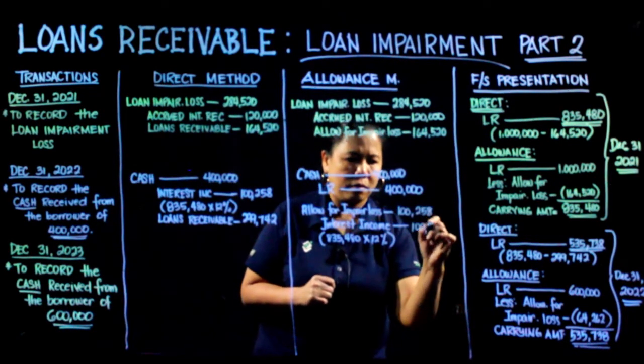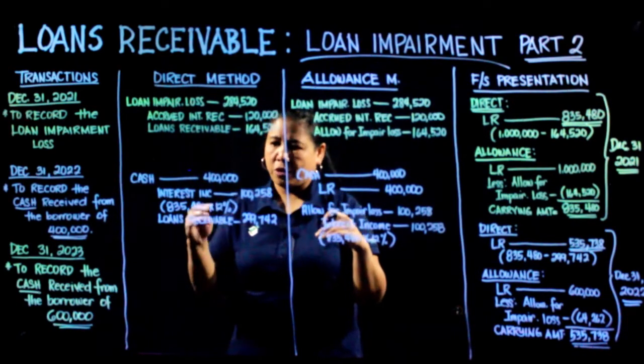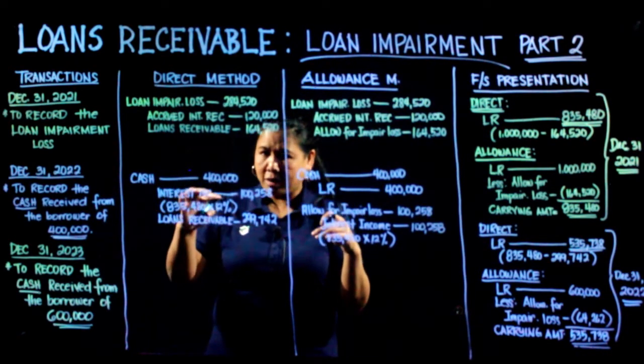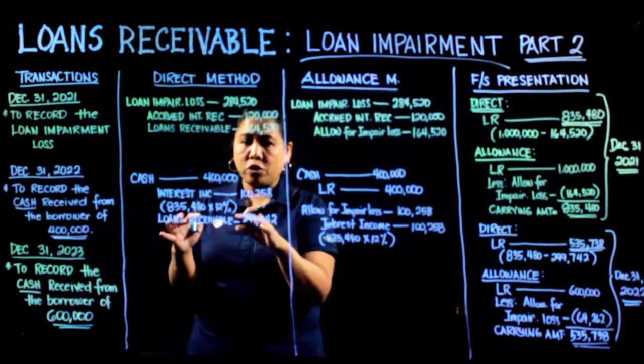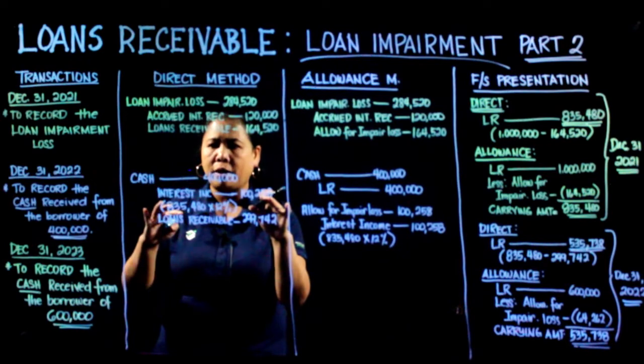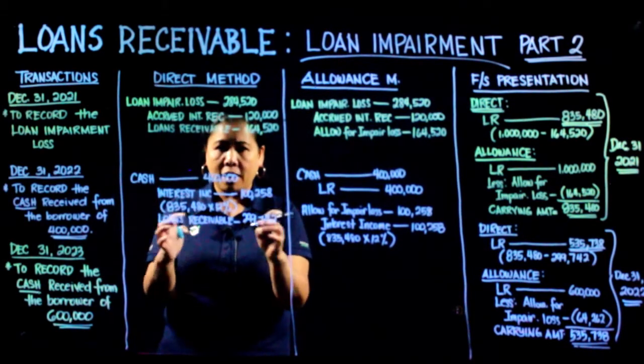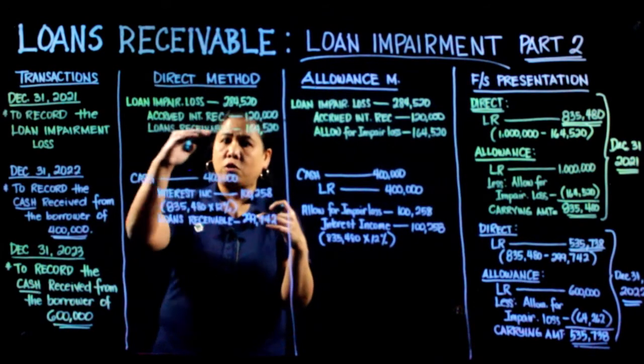100,258. So, ang difference ng direct method is nire-recognize ng interest income, tapos yung difference, yun ang ibabawas niya sa loans receivable. The difference between the cash received and the interest income, yun lang ang ibabawas niya as a principal sa loans receivable.